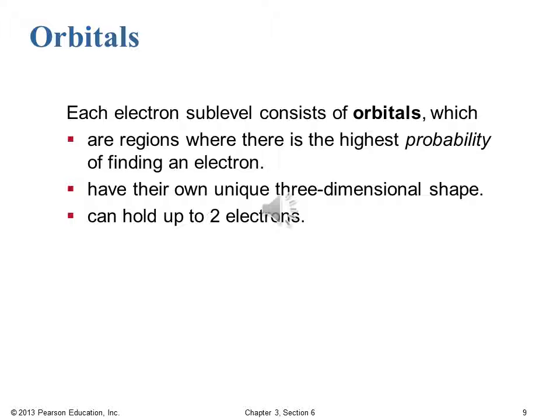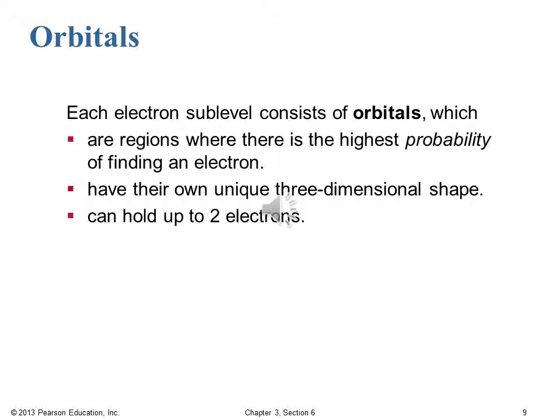Now we understand it's a lot more complicated than that, and so we use the term orbital. These are regions where there is the highest probability of finding an electron. We deal in probabilities and waves now with quantum mechanics, instead of that idea of discrete planet type circling around the nucleus.